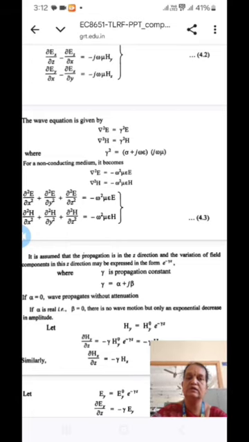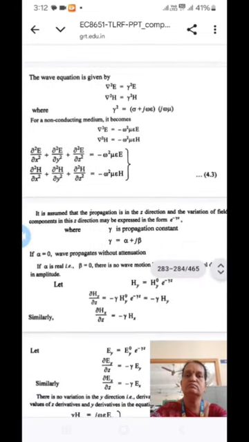So gamma square is equal to sigma plus j omega epsilon into j omega mu. If sigma equals 0 for a non-conducting medium, del square E equals minus omega square mu epsilon into E. Similarly, del square H equals minus omega square mu epsilon into H.